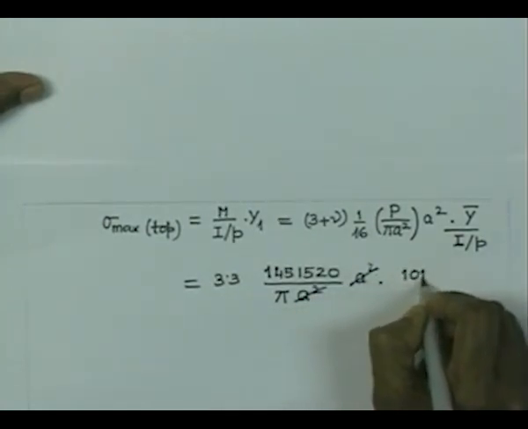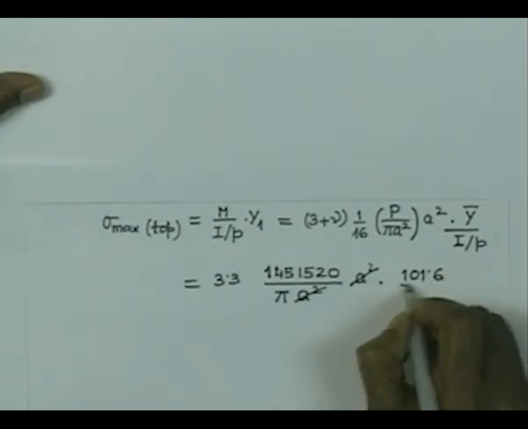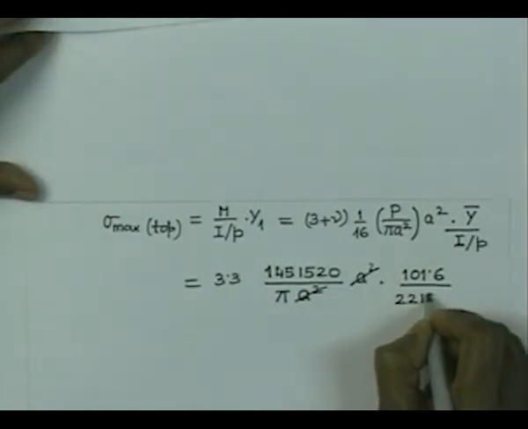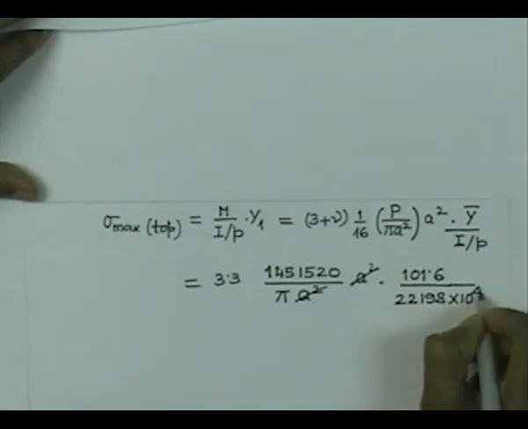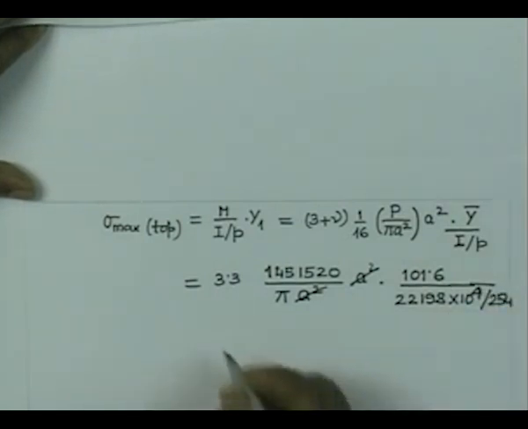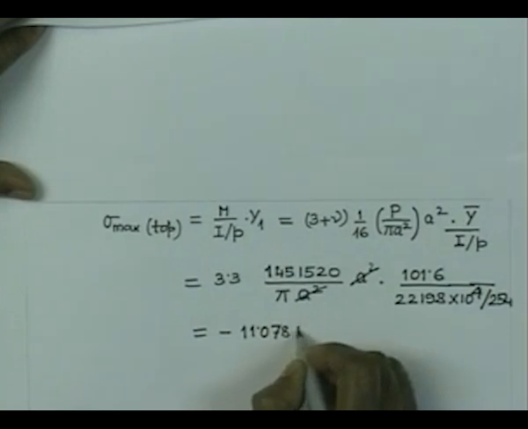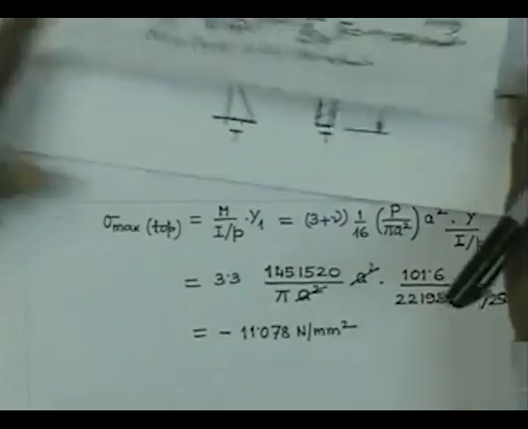And this is 101.6 millimeter, and this value we have 221.98 into 10 to the power of 4, and this P is nothing but 254. So, these are the values, and once you calculate this, this simplifies to minus 11.078 Newton per millimeter square. So, this is the stress at the top fiber.